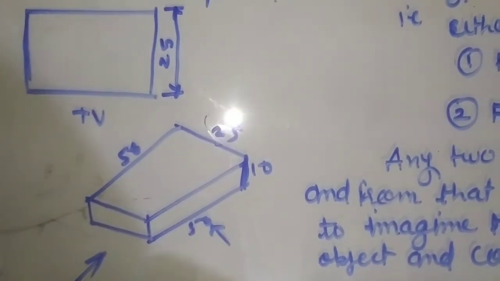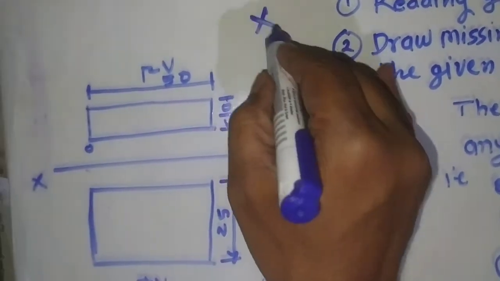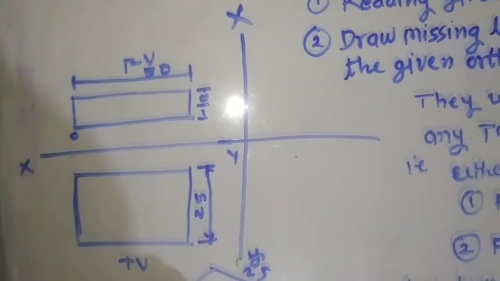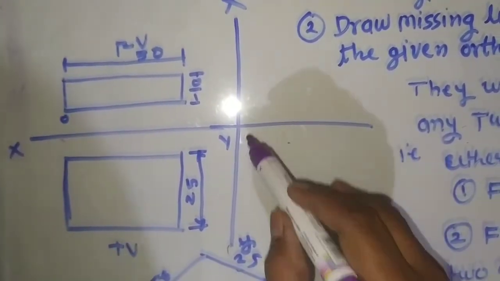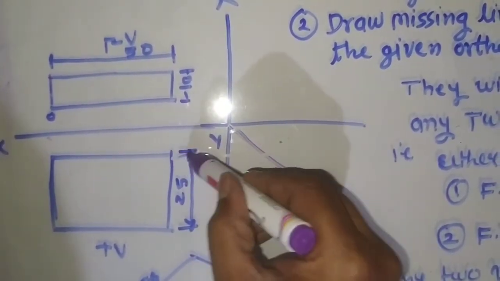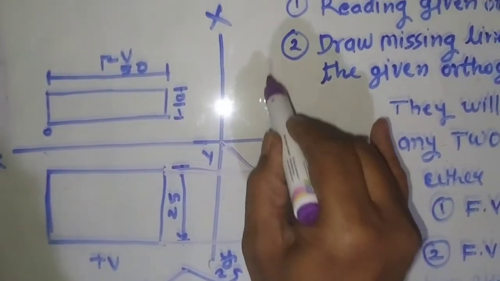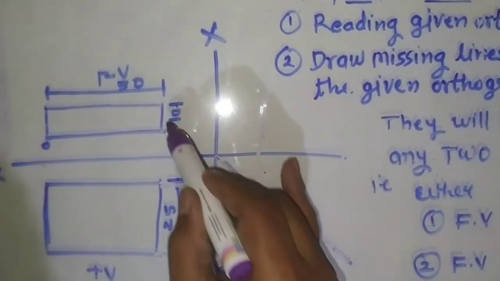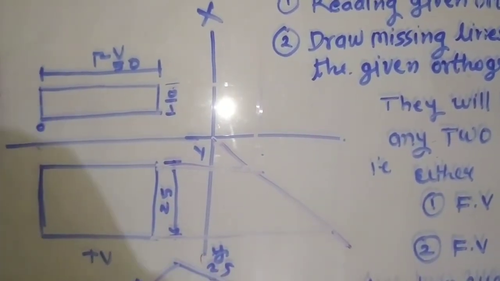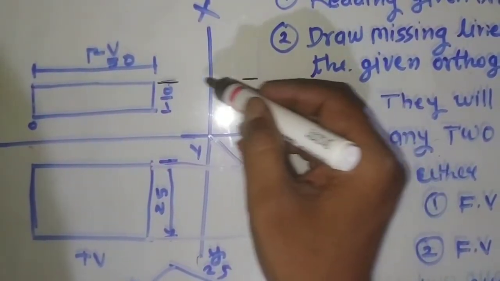Now the side view will automatically become clear. If I draw the XY line here and draw the projection lines, transfer that projection line here, and from this I will draw the projection line here also.